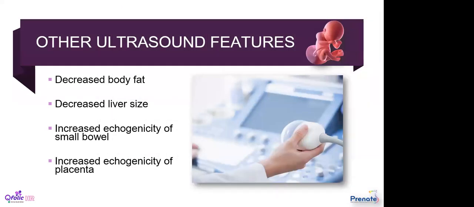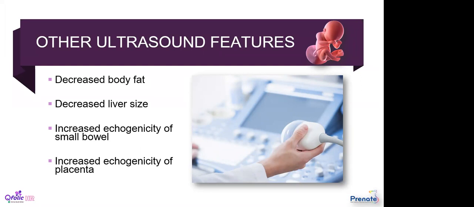Now, what are the other ultrasound features? On ultrasound, there are other features which can add information regarding growth restriction. These are decreased body fat, decreased liver size, increased echogenicity of small bowel, and increased echogenicity of placenta.